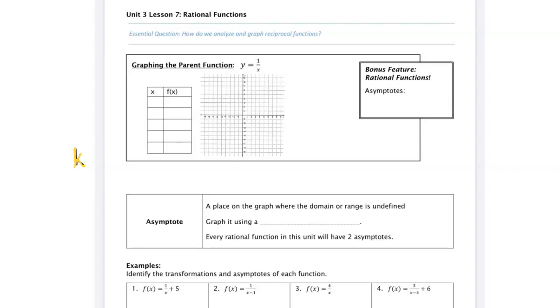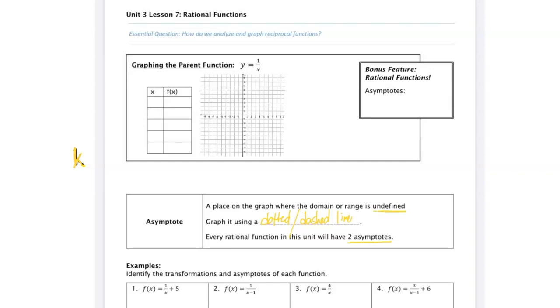We're going to graph it by using a dotted or a dashed line. Every rational function in this unit is going to have two asymptotes.